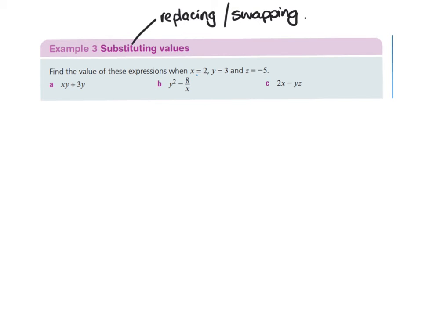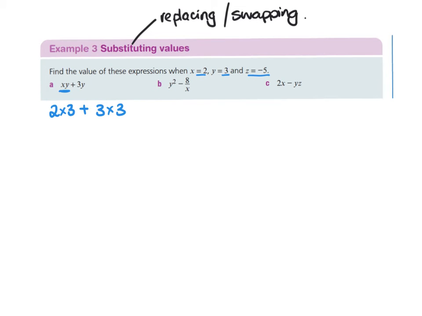They're telling me x is 2, y is 3, and z is -5. So under each one, I'm going to substitute in. So x is 2. Now remember when it's written like that, it's like saying times, isn't it? So 2 times what? What was y? 3. Then I'm going to write plus 3 times 3.